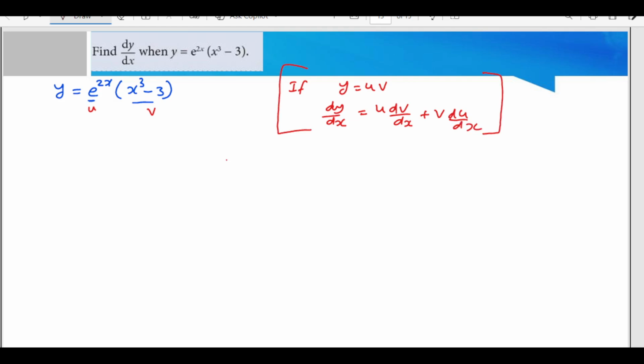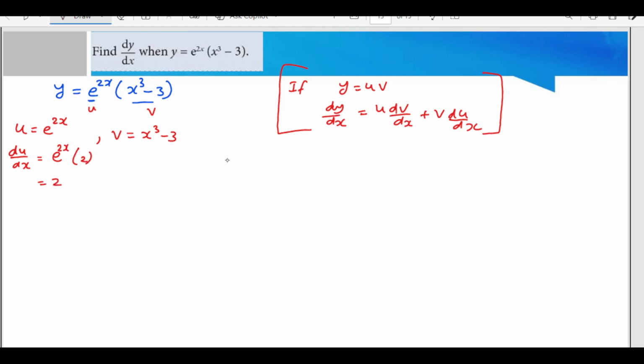So now I will differentiate these separately. Writing u is equal to e power 2x and our v is x cubed minus 3. So we need du over dx. This is going to be e power 2x, the derivative of this remains the same. By chain rule, the derivative of 2x, that is times 2.